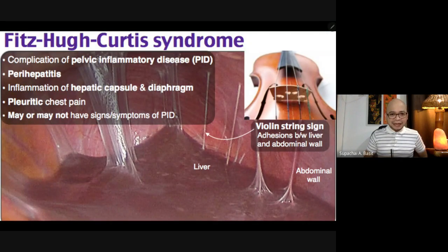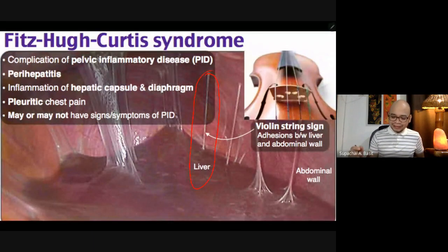There would be formation of the violin string sign. It is actually the adhesion between the liver and abdominal wall. So this is now what you call the perihepatitis.